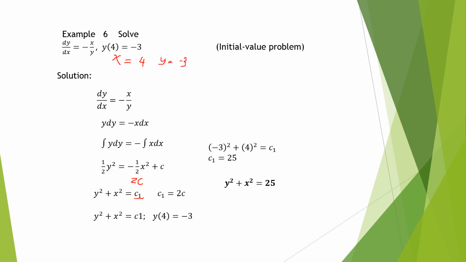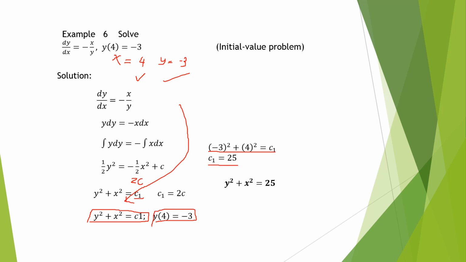Remember that we need to find the value of c1 based on this initial condition. Just substitute x is 4 and y is negative 3 in this equation. So you have negative 3 squared plus 4 squared is c1, and therefore we have c1 is 25.